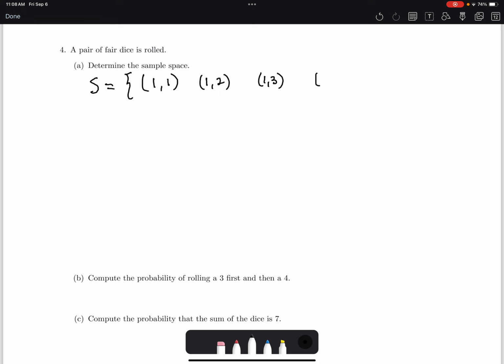And I think you see where this is going, right? So those are all of the possible outcomes if you roll a 1 on the first die. But of course, it's also possible that you might roll a 2 on the first die. You could roll a 2 and a 1, or a 2 and a 2, or a 2 and a 3, and so forth.